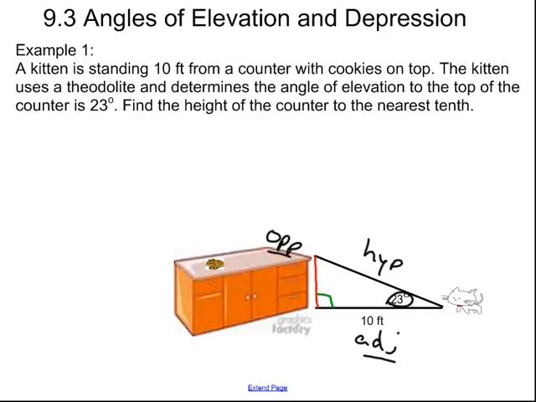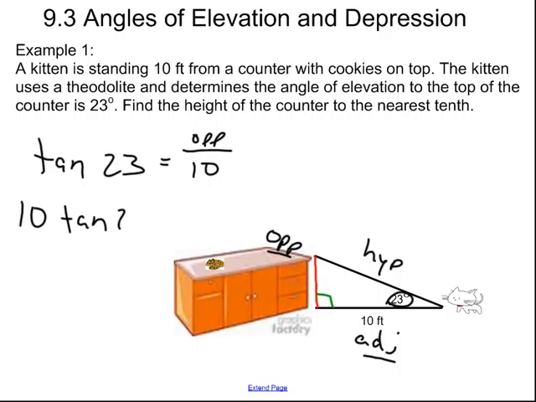Why, the tangent function is. So I'm going to say that the tangent of 23 degrees is equal to the opposite, which is what I'm trying to find, over the adjacent, which is 10 feet. All we have to do to figure out the height of the counter is to multiply the tangent of 23 by 10, and that will tell us.